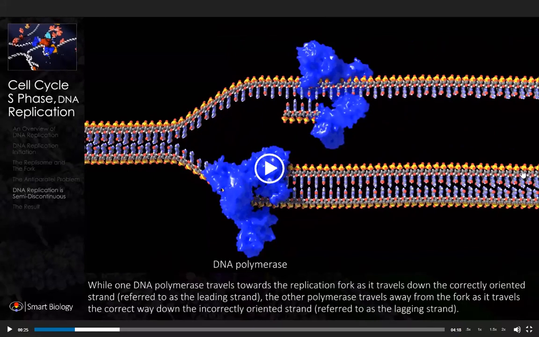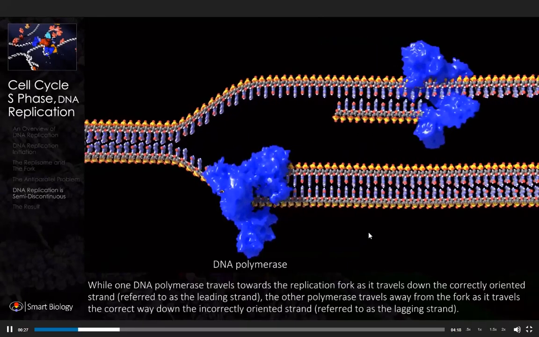In this case, the new strand is being synthesized in the 5 to 3' direction. The parental strand is in the 3 to 5' direction. The other polymerase travels away from the fork as it travels the correct way down the opposite strand. This is referred to as the lagging strand.